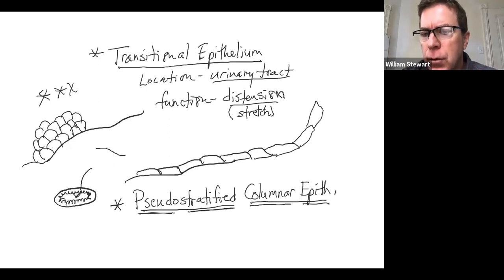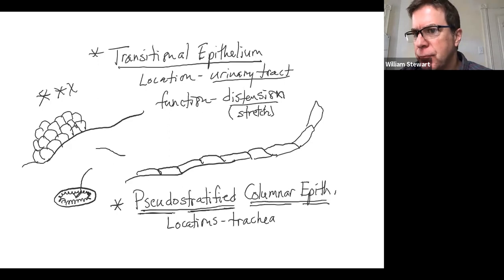I'm just going to call up a new whiteboard to give me more space. Let's do our locations and functions first. The respiratory system is where we largely find this stuff. I'm going to list a few of those structures. The trachea is the most common, and the version in the trachea is ciliated. That just means that the cells have little hair-like structures on them.